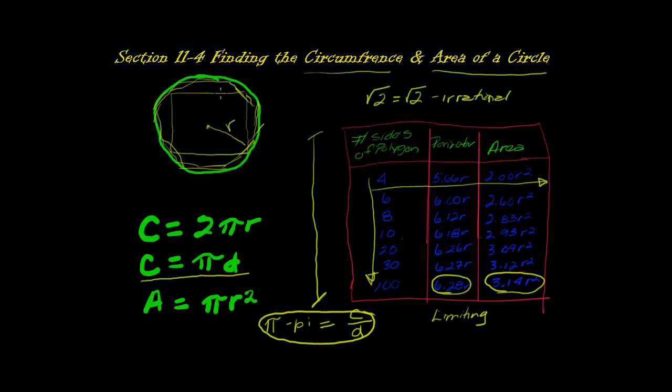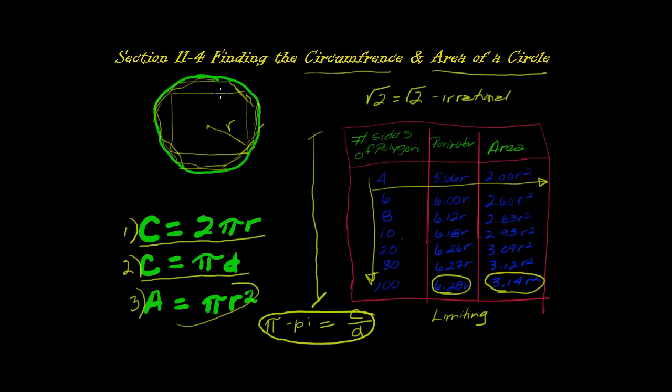Very simple. That means that if d is equal to twice the radius, then the circumference of a circle is 2 pi r.